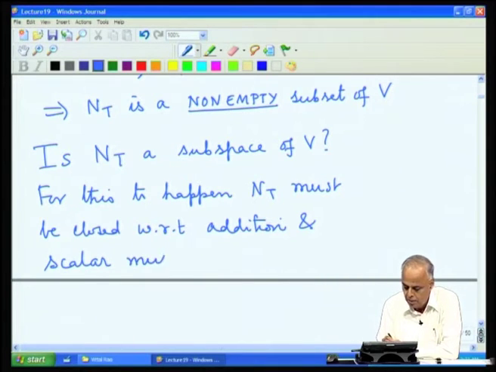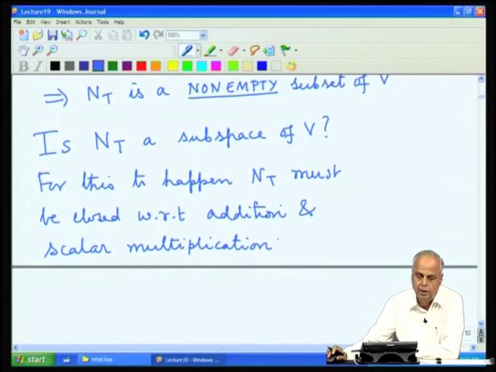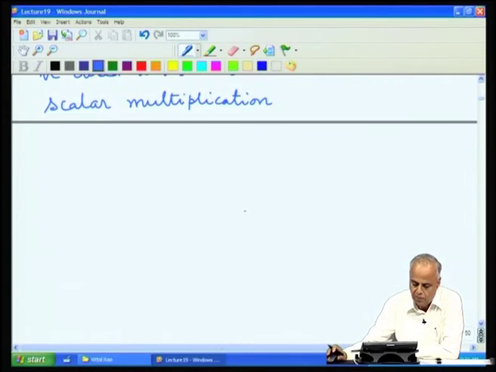That is the major requirement for any subset to get qualified as a subspace. So, let us verify whether N(T) is closed under these two operations.